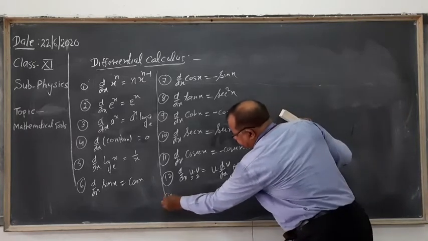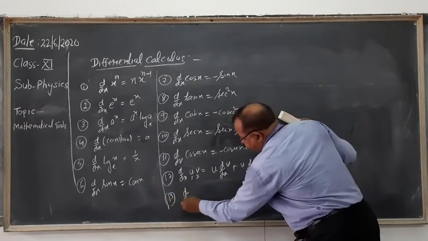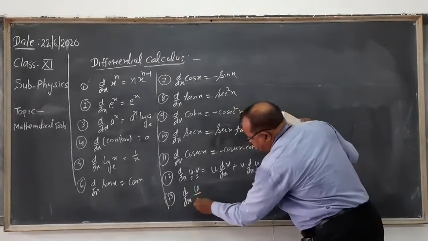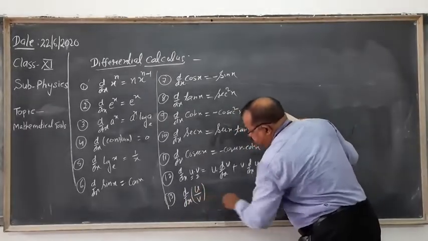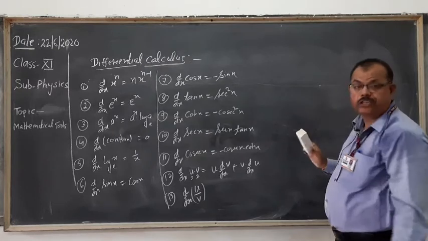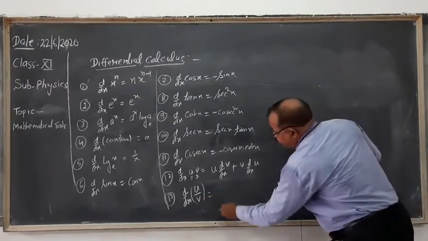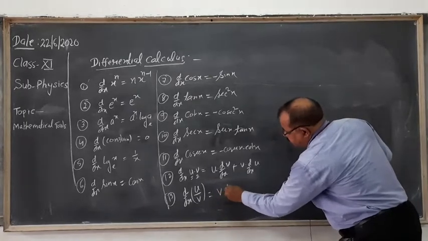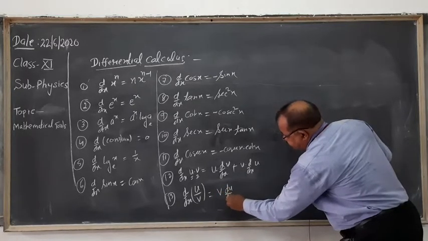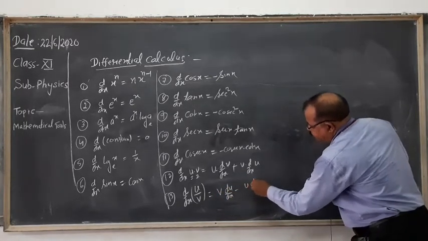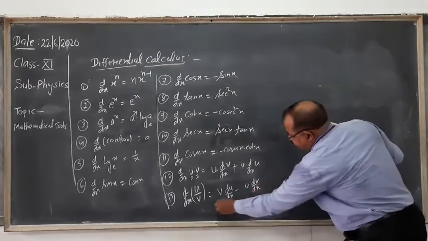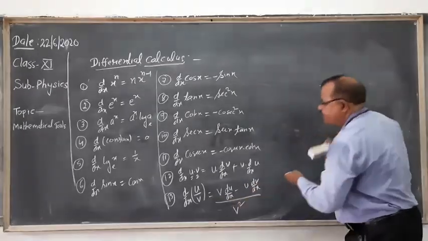And number 13, suppose two functions are in division form, in quotient form. In that case, this is equal to v du by dx minus u dv by dx upon v square.